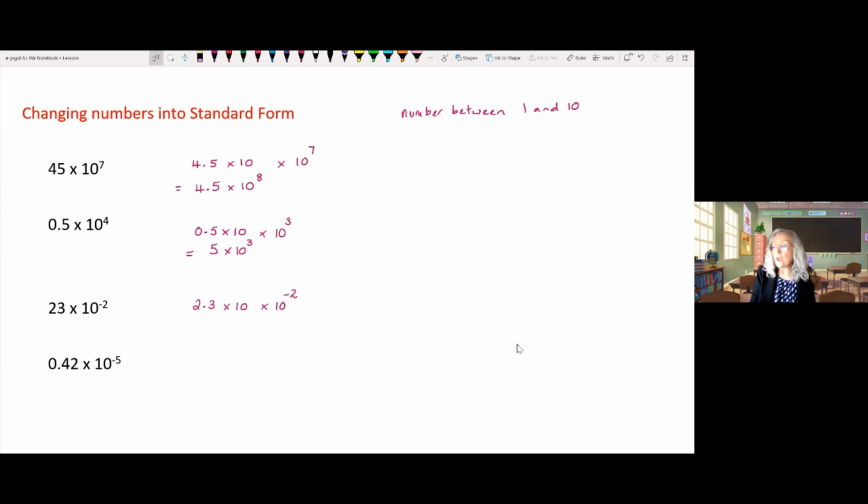Okay, so with this, I'm multiplying by 10 and then I'm multiplying by 10 to the minus 2. Well, that is actually 2.3 multiplied by 10 to the minus 1. If you remember, when you divided by 10, these numbers were going up, minus 1, minus 2, minus 3.